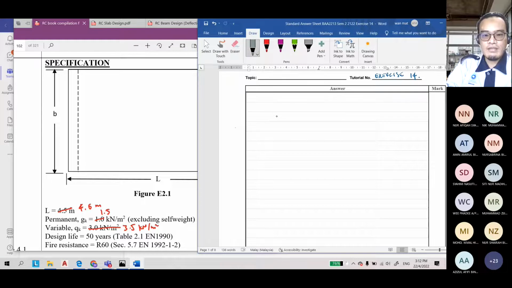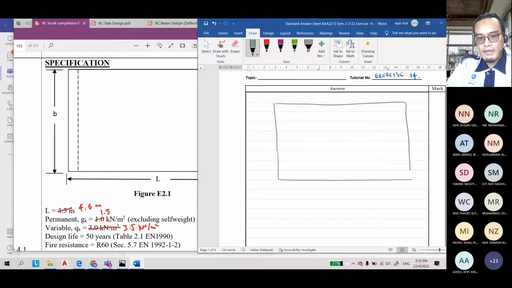The plan view is like this. Larger is better. This is your slab from top view. This is the hidden line, which means we have a beam under the slab.